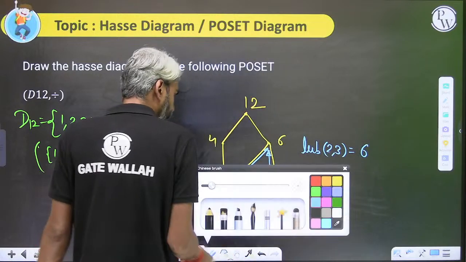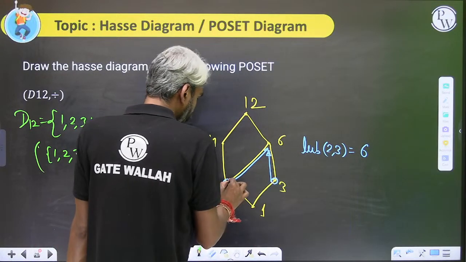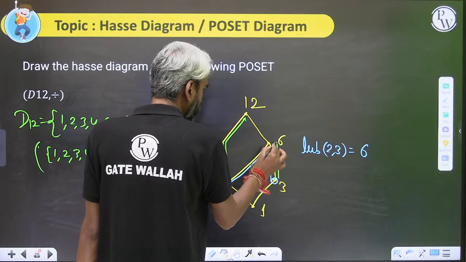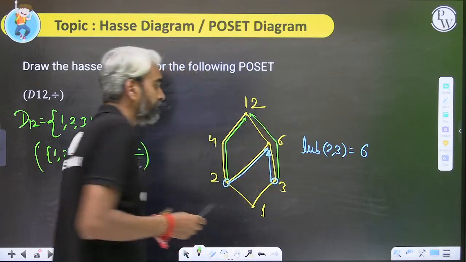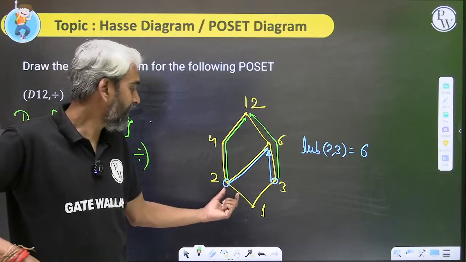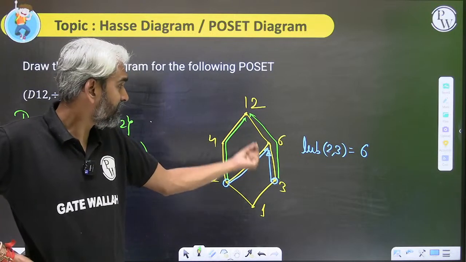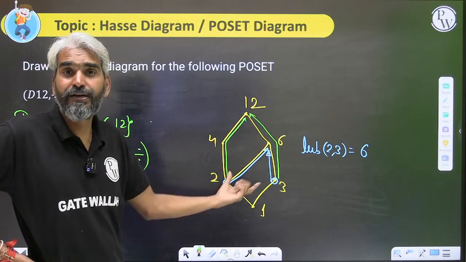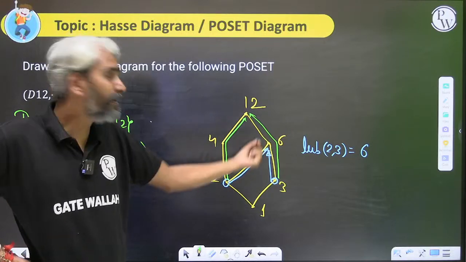Now your question may be, do 2 and 3 join at 12 also? Yes, 2 and 3 join each other at 6 and 12. But at the lowest level, 2 and 3 join each other at the upper side at 6.